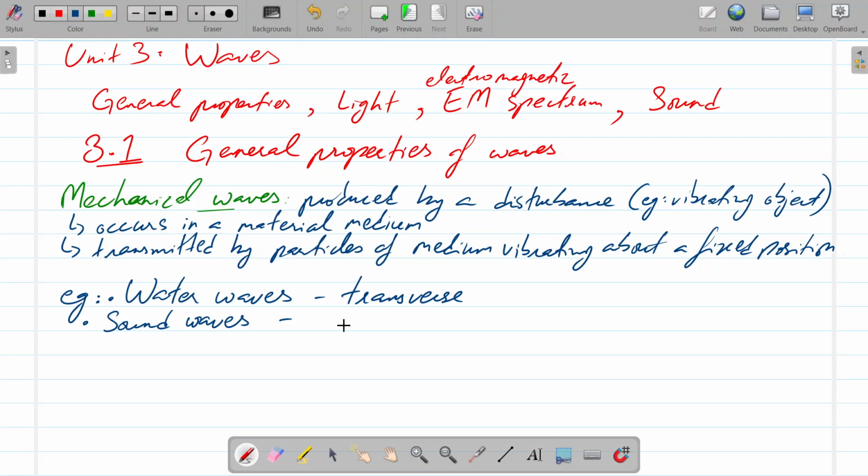Energy is transferred in the form of waves. And sound waves are longitudinal. We'll talk about what the difference between those two is, the way they move.